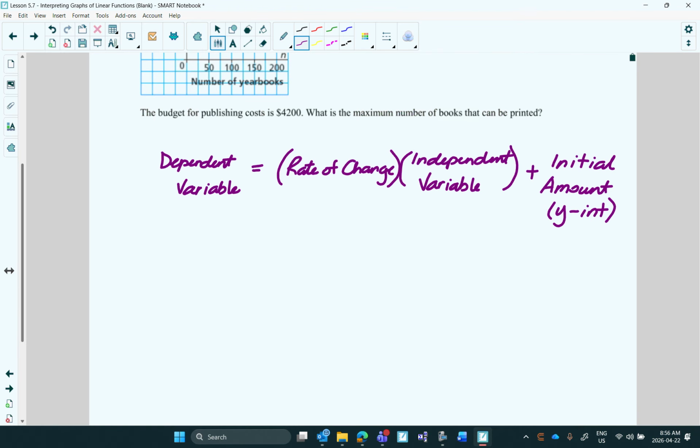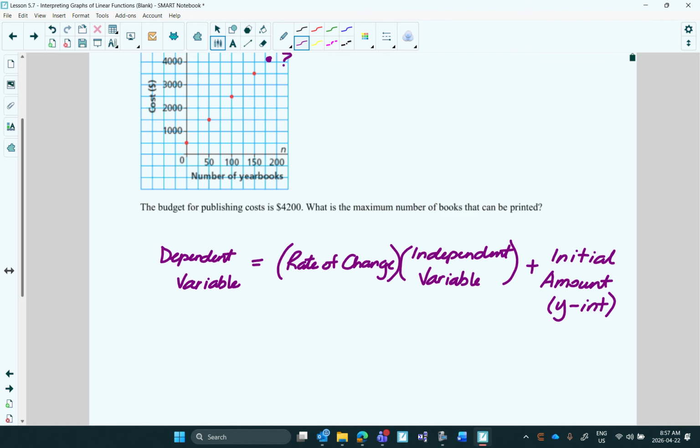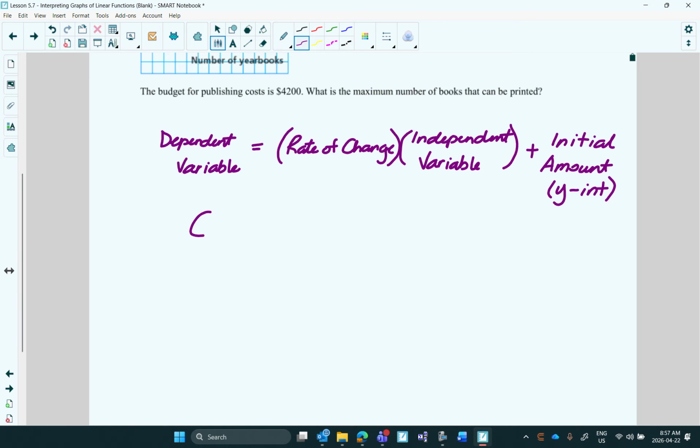Well, the dependent variable, that's the vertical one. What letter is represented by the dependent variable in this graph? It's y, but in this case, capital C. Rate of change, I have to calculate.